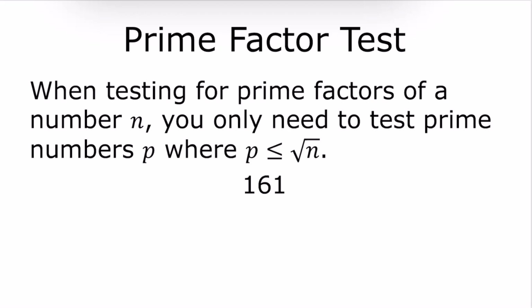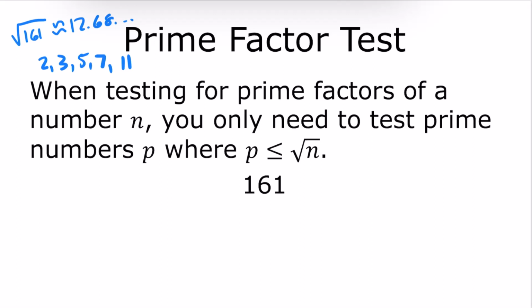So for example, if I was trying to find the prime factors of the number 161, the square root of 161 is approximately 12.68, etc. And the prime numbers that are less than that are the numbers 2, 3, 5, 7, and 11. And so these are the prime numbers that I need to check to see if 161 is divisible by them.